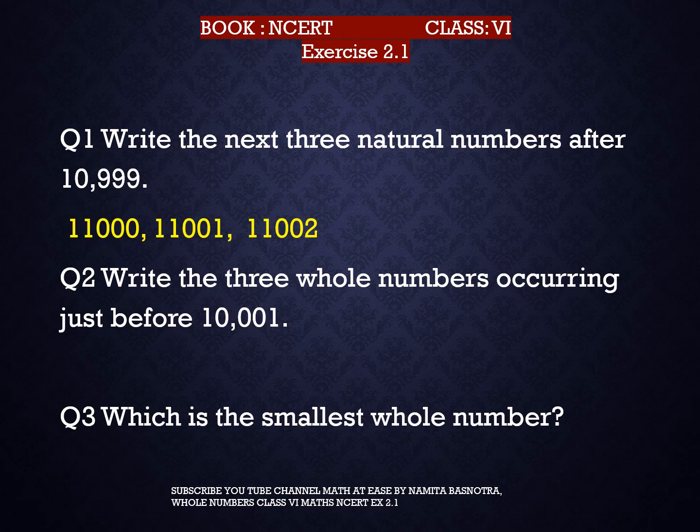Occurring before means minus 1. So when you do minus 1, you get the first number as 10,000. Now 10,000 minus 1 will be 9,999, and 9,999 minus 1 is 9,998. Easy. And the last one, which is the smallest whole number, that is 0.